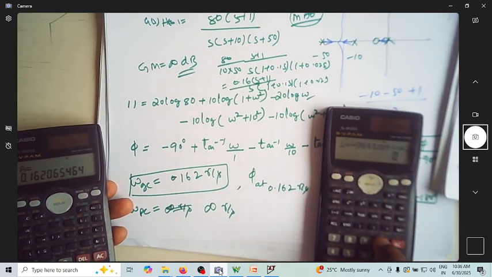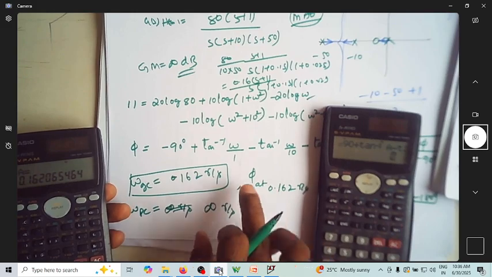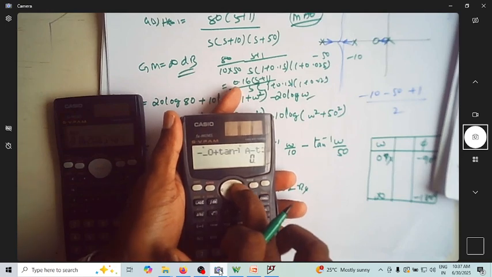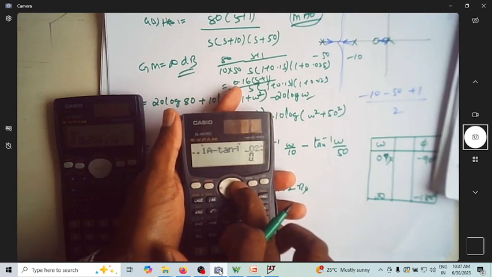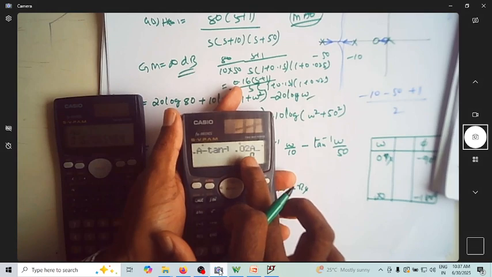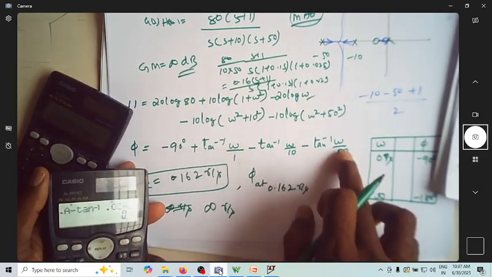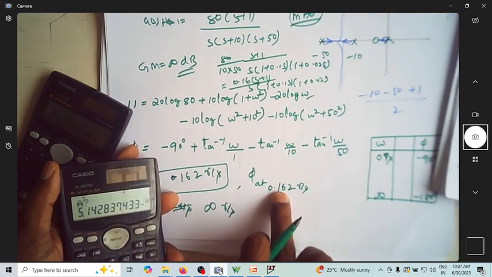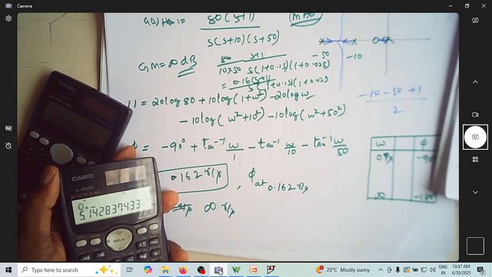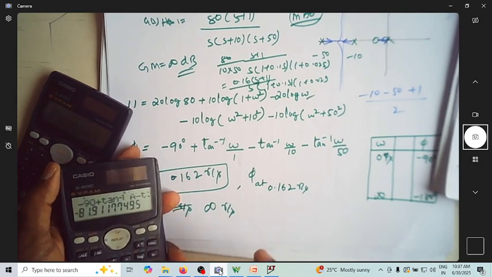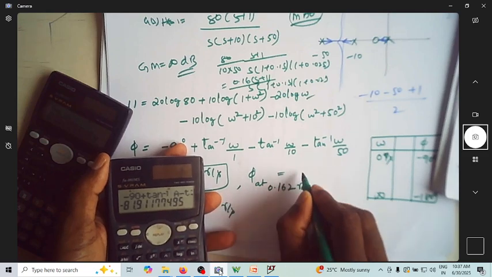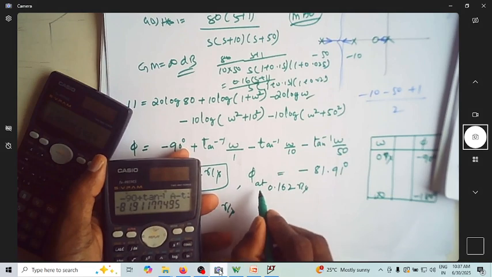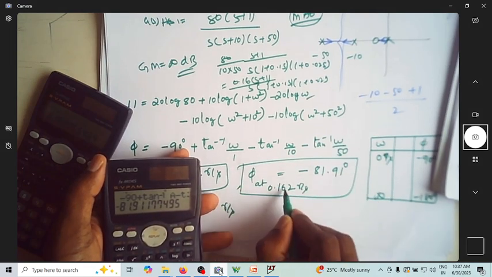I'm just removing it. Now I have to find the phase. I'm having only the phase equation. So it's minus 90 plus tan inverse of alpha a minus tan inverse of 0.1 alpha minus tan inverse of 0.02 alpha a. This is the phase equation I have. Using this equation, I will find the phase at 0.162. The phase is minus 81.91 degrees. So this is the phase at omega GC.